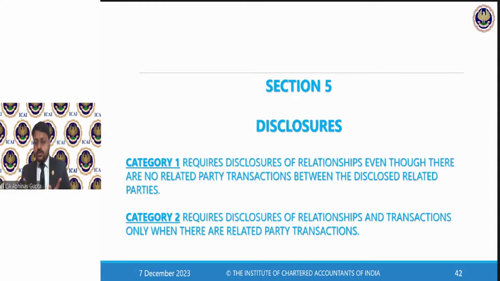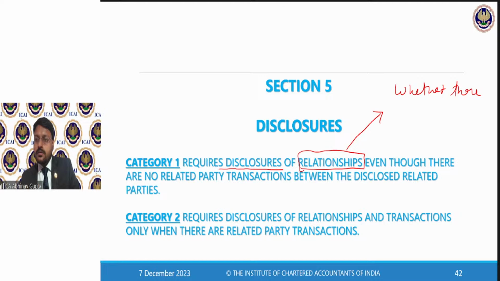Now, these disclosures are divided into two categories, category 1 and category 2. So category 1 disclosure requires disclosure of the relationships, not the transactions. So if any party is my related party, I have to disclose that, irrespective of whether there is a transaction or not.